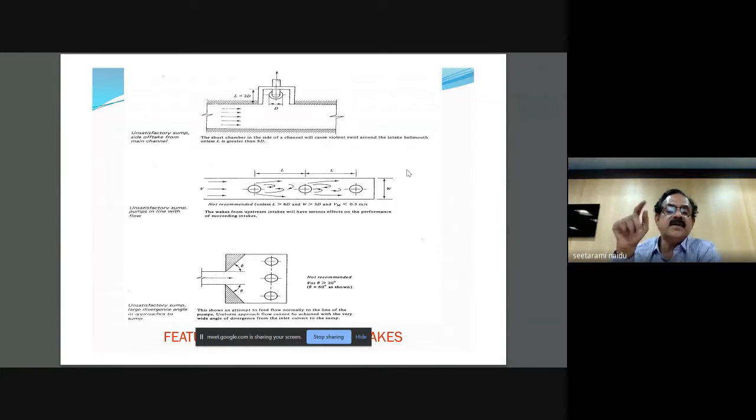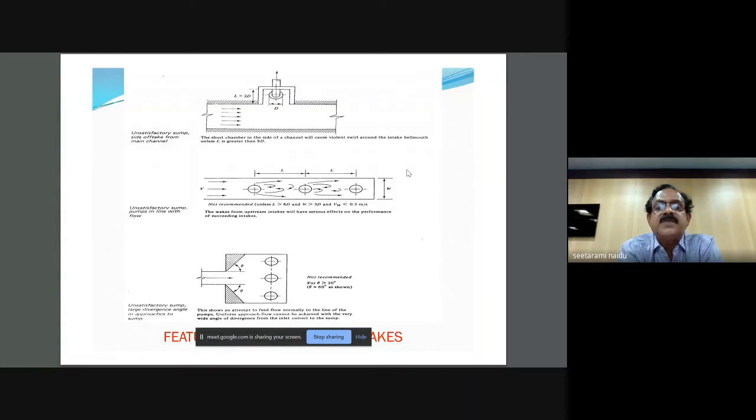The typical arrangement of a pump sump is something like this: entry, then gradual diversion, then pumps aligned transverse to the flow direction. But if pumps are placed one after the other, it will keep a space for separation of this flow, and this wake effect will be there.